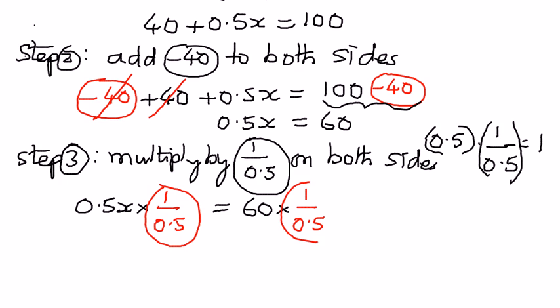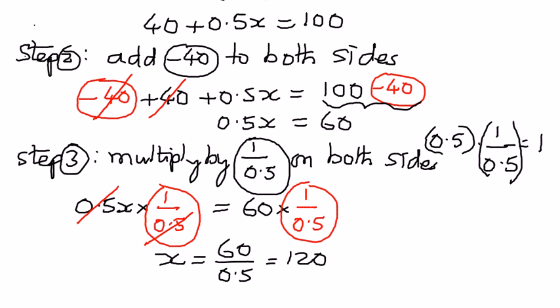Once we have this, we can simplify. The 0.5 in the numerator and 0.5 in the denominator cancel out, leaving us with x is equal to 60 divided by 0.5, which is going to be equal to 120. We got the value of x as equal to 120.